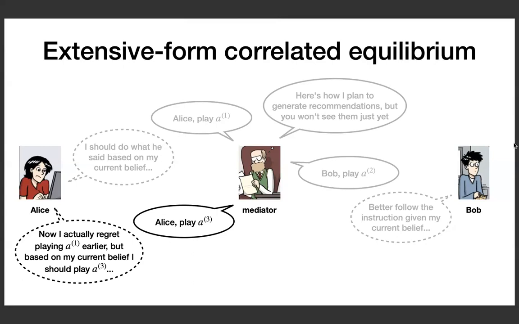Alice was willing to play A1 because she wasn't able to see the later recommendation, which is A3. Now Alice actually sees A3, and she does regret playing A1 earlier. But still, Alice is willing to follow the recommendation from this point onward because we are already in state 3, and because we are playing according to a correlated equilibrium, Alice is rationally motivated to keep following the recommendations, and so on and so forth.